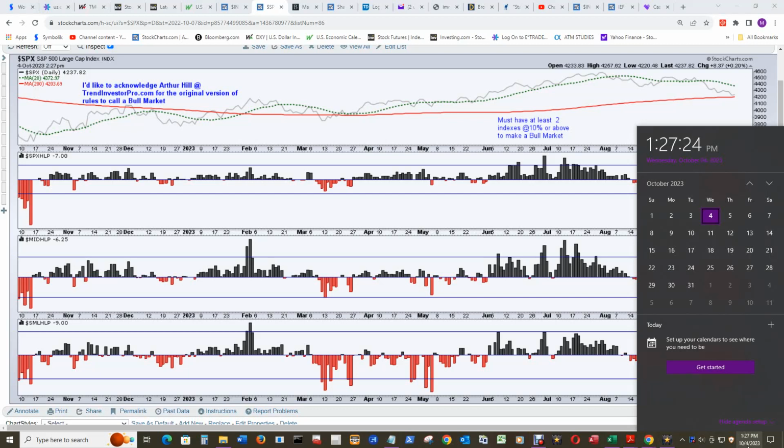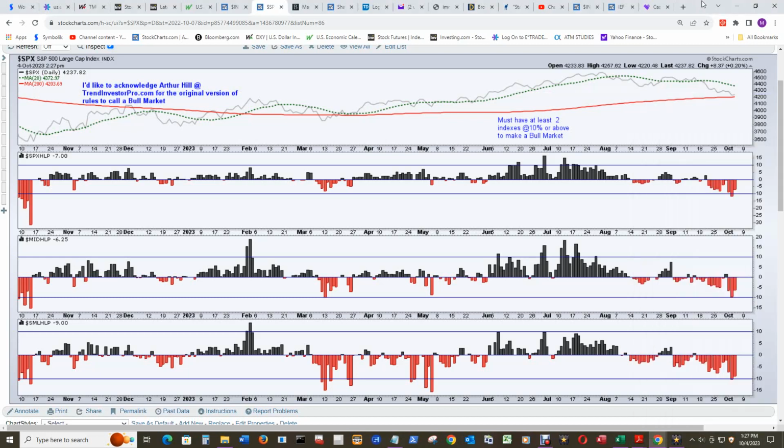It's 1:27 p.m. Central Time on the 4th, and I'm calling a bear market, or at the very least, being out of a bull market now on this data here from October 3rd.